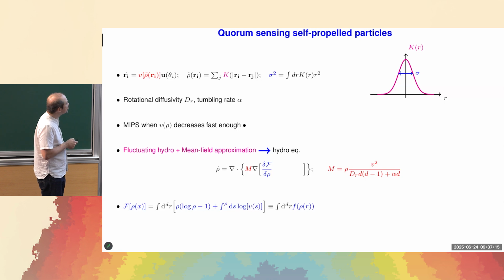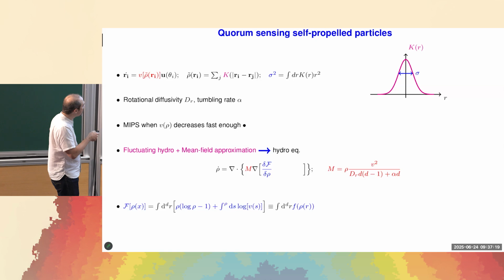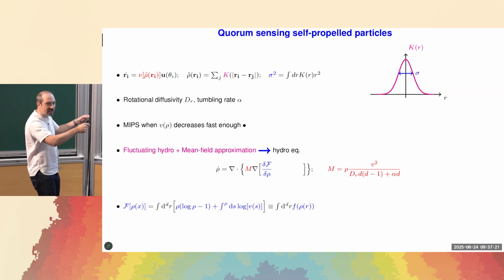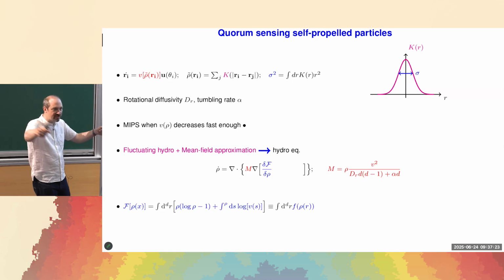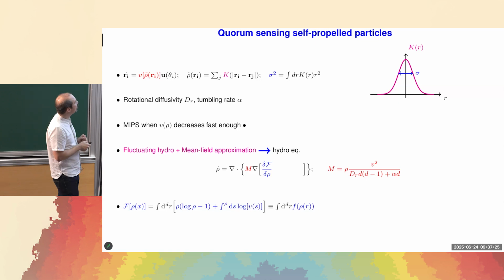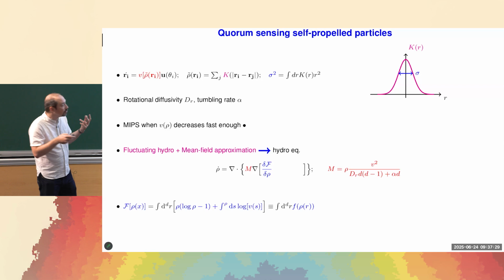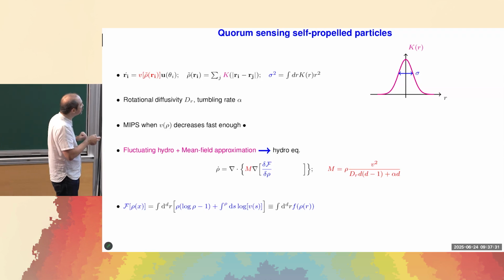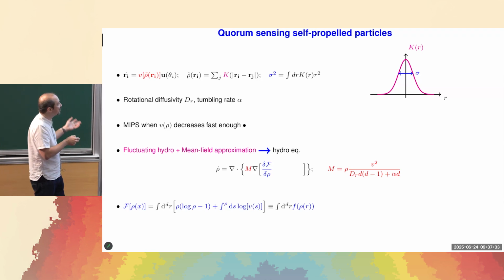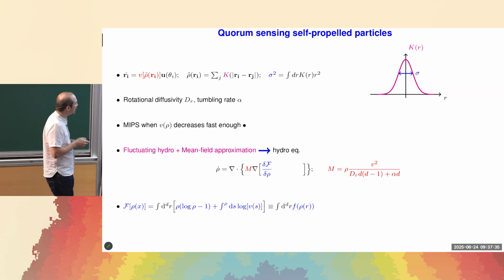You have one contribution, which is this rho (log rho minus 1), which is just minus the entropy. That's the number of microscopic configurations of particles that will give me a given density profile, rho of r. And then I have the equivalent of an energy term, which stems from this V of rho, but which is very weird because it's this integral of log of V of rho.